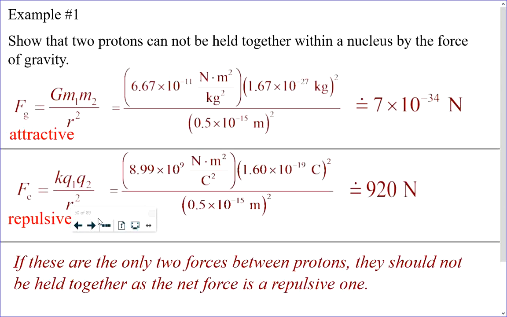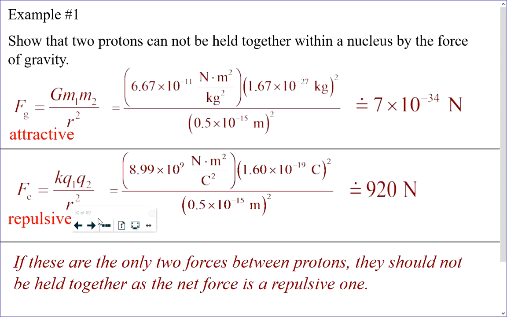I hope you're not even going to spend time on your calculator taking 920 minus that, because your calculator will say 920. You're removing a drop of water from all of the water on the earth. It's not changing the volume of water, figuratively speaking. What does that mean? It means, and by the way, on a diploma exam, they would ask you this: how many times greater is the electric force compared to the gravitational force?